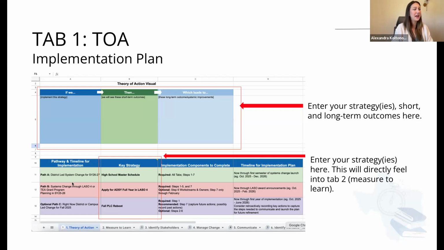And then optional path C, which is a right now district or campus change. So examples of these are a high school master reschedule, applying for ADSE, and then a fall PLC reboot. So you can see they're just different levels and different granularity of those strategies. You want to enter them in column B because these are going to copy over to the remainder of your tabs and help you make sure that you are planning for each of those strategies.